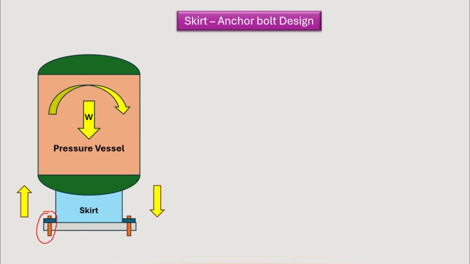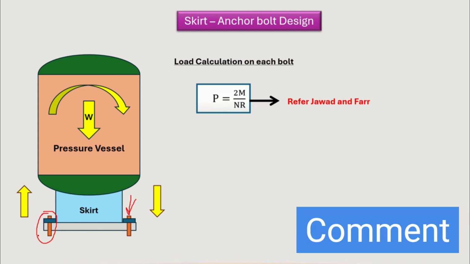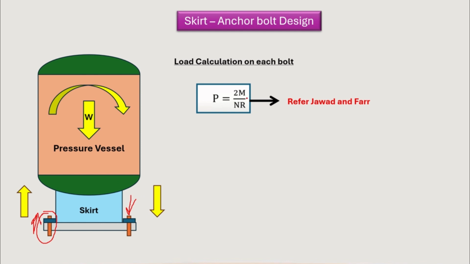So let's find out the load on each bolt, guys. That is load calculation on each bolt. To determine the load on each bolt, you typically use formulas derived from equilibrium and structural mechanics. So this is the load which acts on the bolt. At the uplift side, P is equal to 2M by NR.